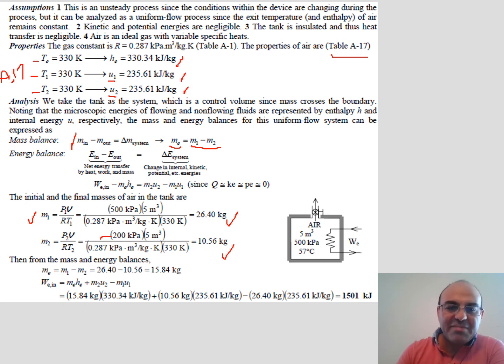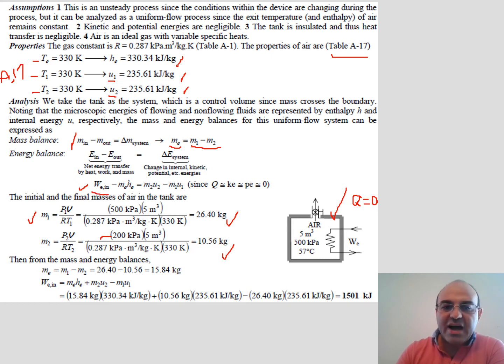How about the energy balance? A uniform flow process, energy in minus energy out is equal to delta E equal to delta U, because kinetic and potential energies are zero. Energy in, if you look at your tank, there is no heat transfer, you need to write it down, Q is 0. So heat transfer is 0, but you do have work transfer coming in. So this is energy in, W electric in.